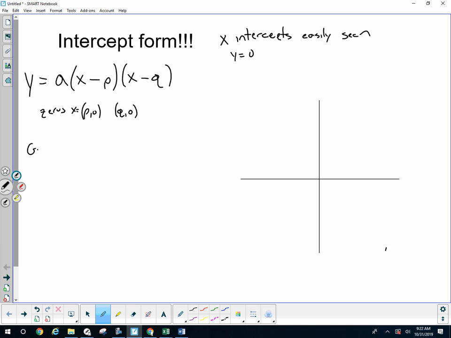I'd like you to graph and find the vertex for y equals -2 times x plus 1 times x minus 5.